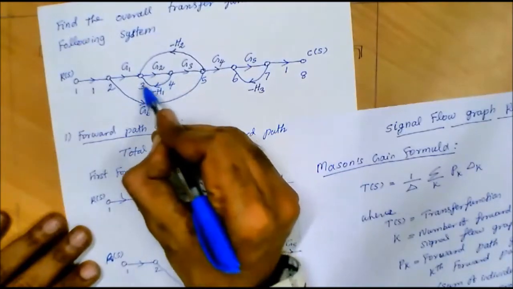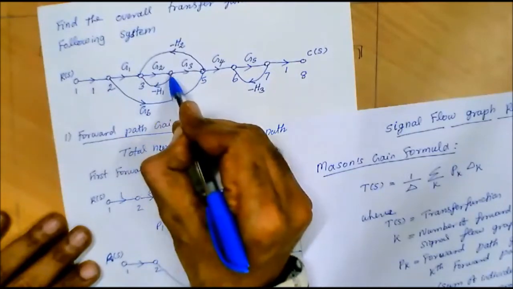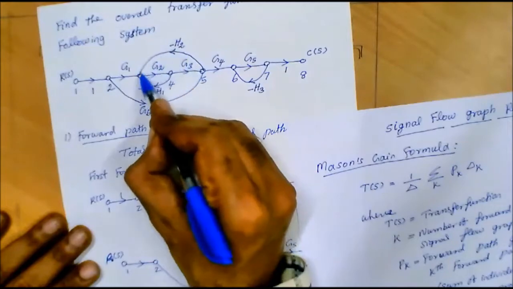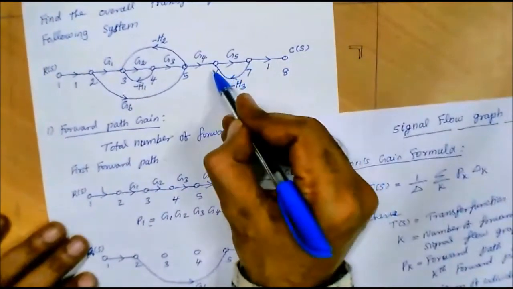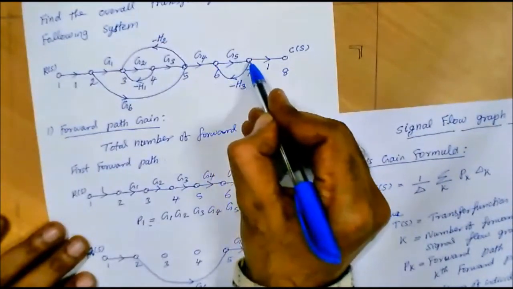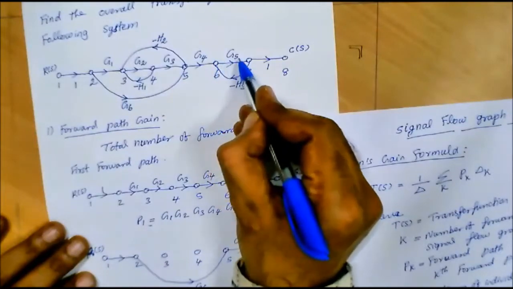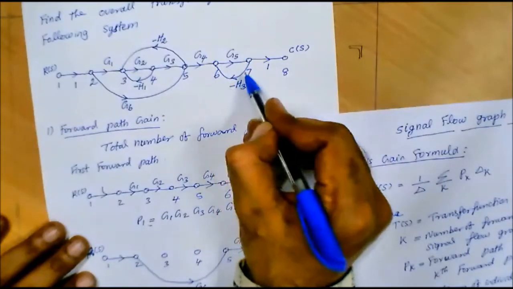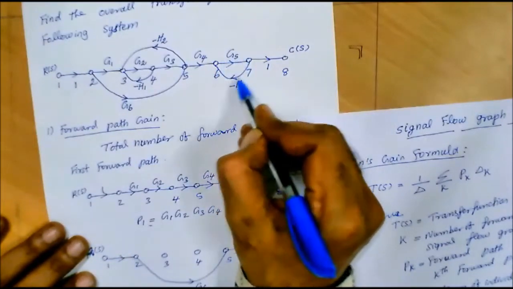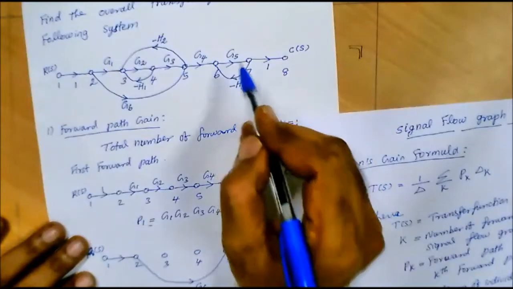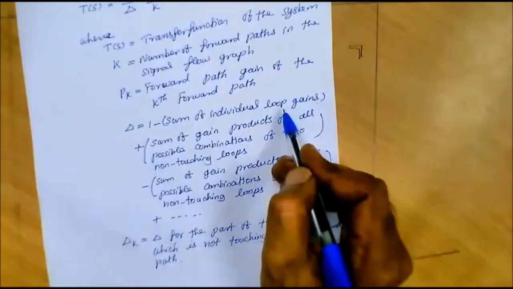Again if we take 3, 4 and 5, from 3 to 4 and 4 to 5 and again back to 3, this forms another loop. Similarly, if we take 6 and 7, here also we have feedback paths. It starts from 6, goes through G5 and then comes back to 6 through minus G3. So this forms the third loop. Our aim is to find the sum of individual loop gains.